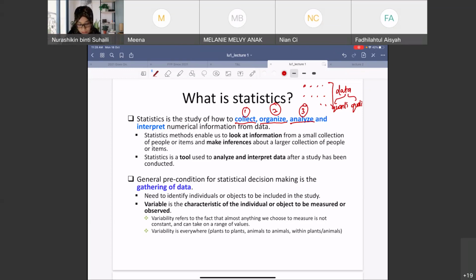Once you have organized and analyzed, you have to interpret. What is meant by interpretation?